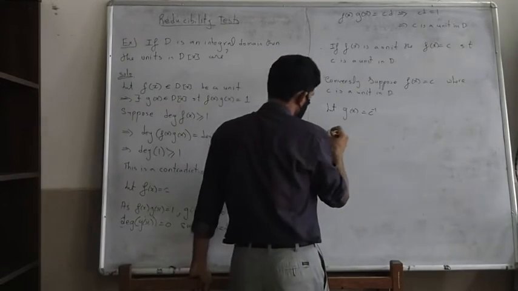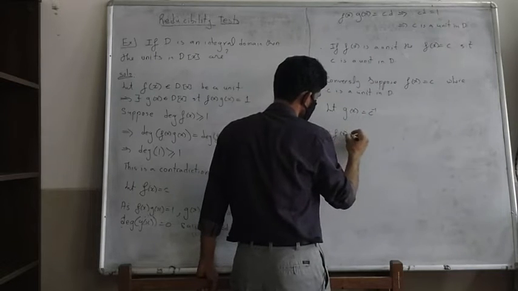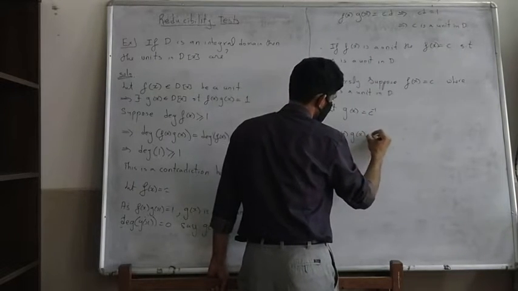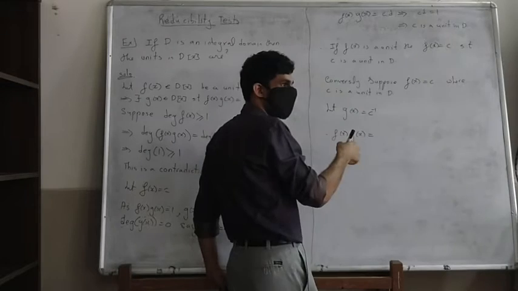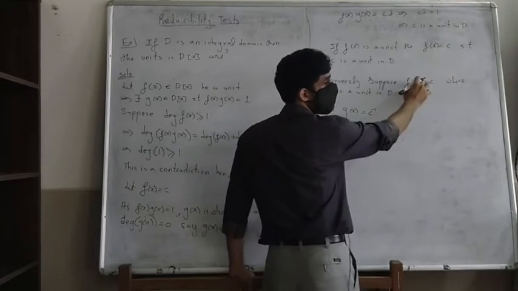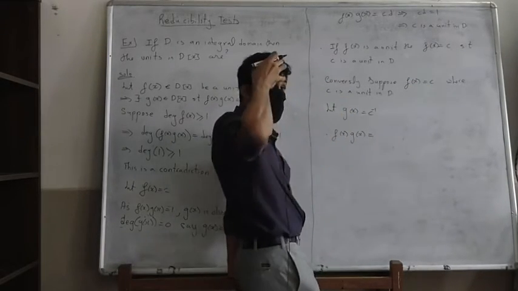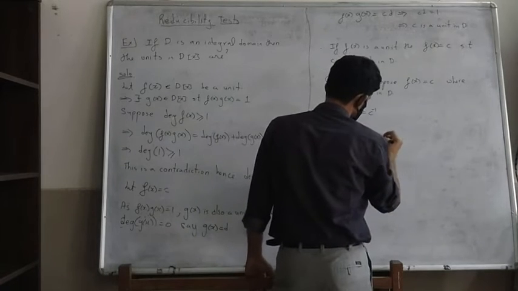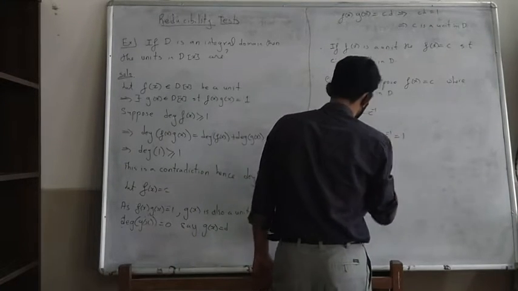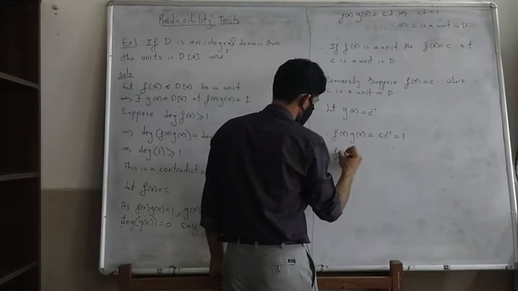So therefore what happens to f(x) times g(x)? It's going to be a constant polynomial only, right? This is a constant polynomial, this is a constant polynomial, the product will also be a constant polynomial with constant term C times C inverse, which is 1. So therefore f(x) is a unit.